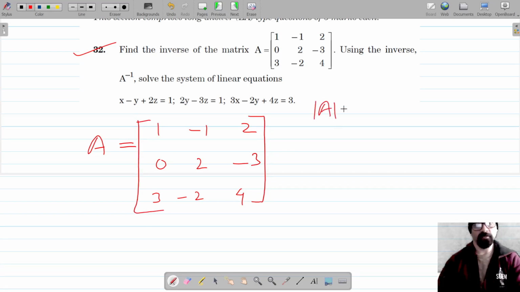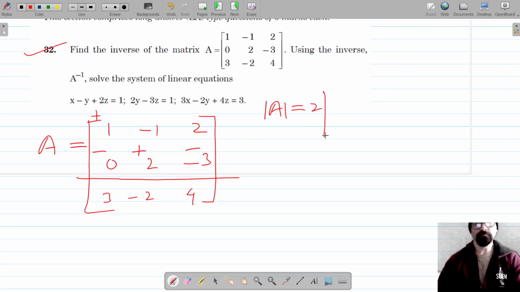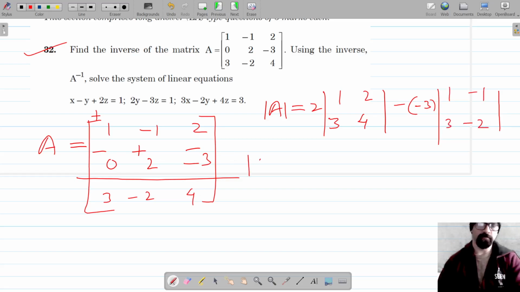For that, we have to find the determinant of A, and let's evaluate it along row R2. The signs are plus, negative, plus, so negative 2 times the determinant left after removing the row and column for 2, which is [1, -1; 3, -2].